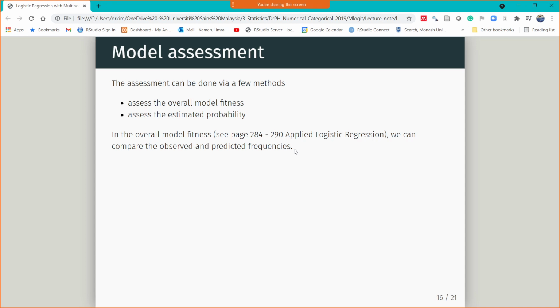And then I think at this stage, as students in the RPH in epidemiology, you have to go beyond this. That would be the overall model assessment.